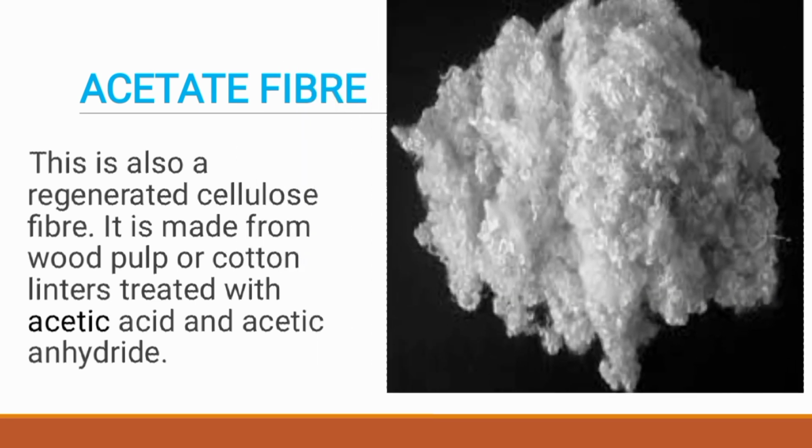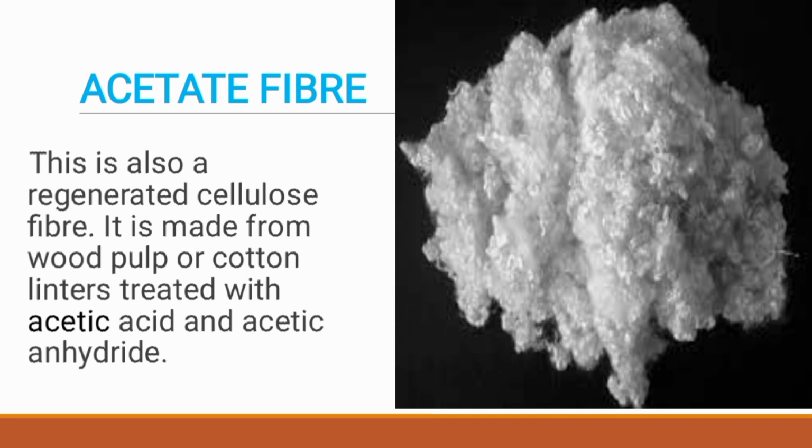So you get cotton linters and you treat it with acetic acid to give you acetate fibers. That's why it's man-made fiber. You get it from the natural source, you add acetic acid to it, which is a chemical, and the end product is acetate fiber, a regenerated, artificial fiber, not looking like the natural one.